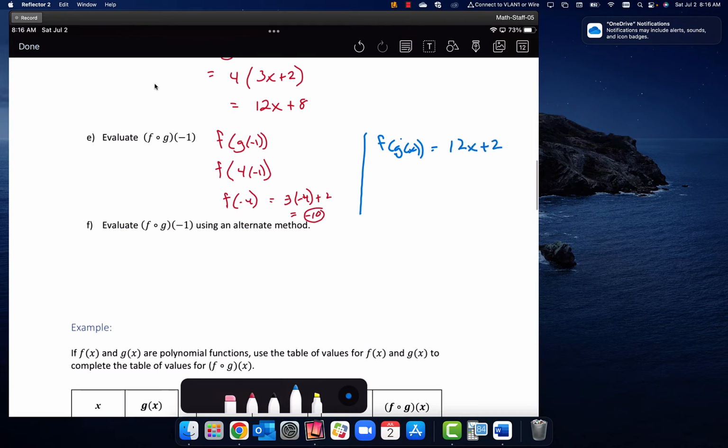So we can replace that x with the -1 now from the original. f of g of -1 is 12 times -1 plus 2, which is -10. So 2 ways to approach that one.